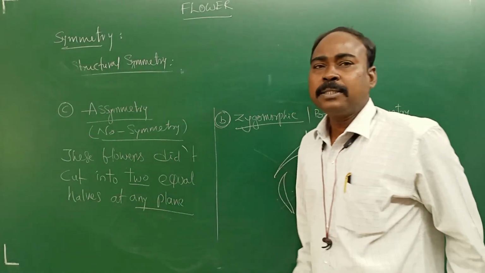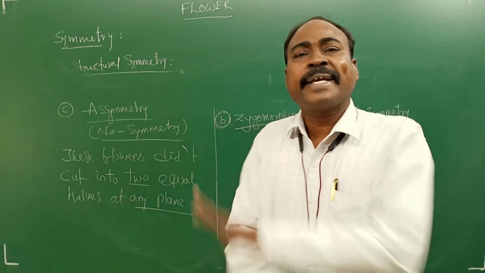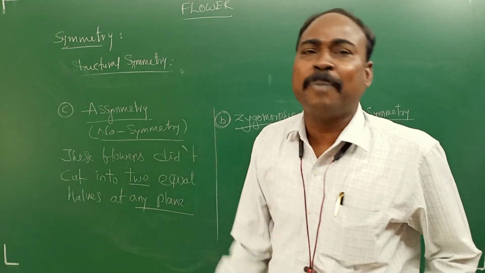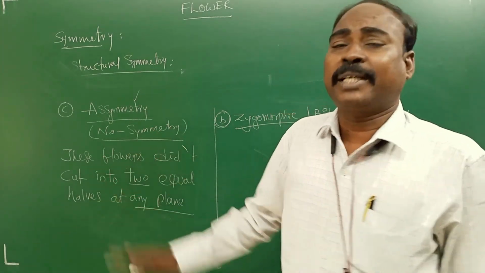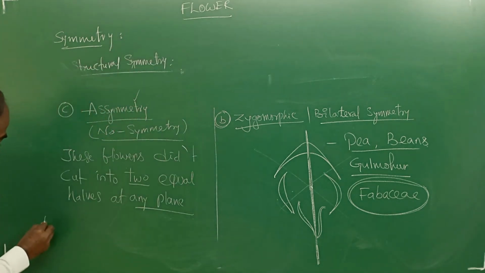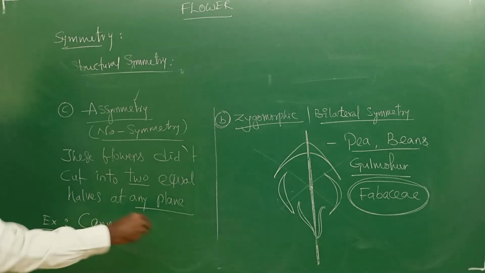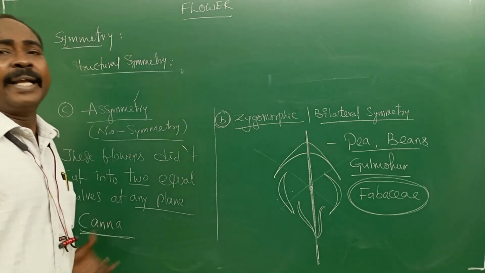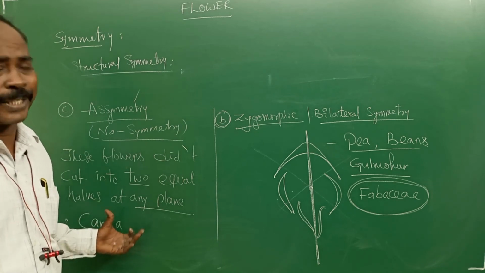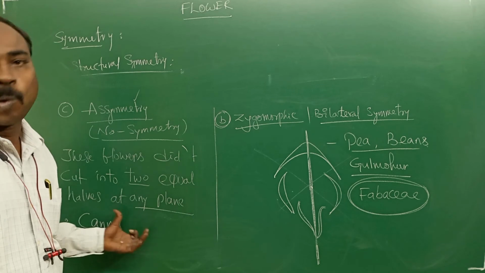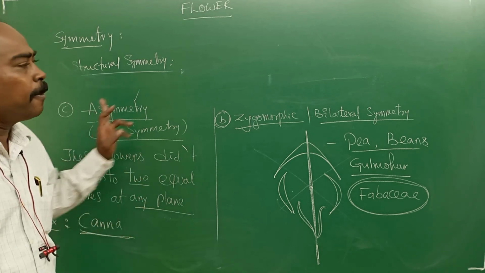Asymmetry means no symmetry. These flowers do not give exact halves under any plane. Such flowers are called asymmetric flowers. There is no symmetry. Example, Canna indica, terrestrial lotus, its common name. You need not remember the common name, but remember the Canna word for asymmetry.